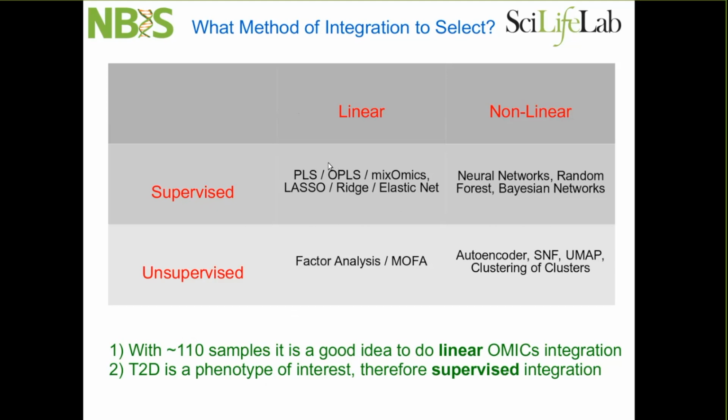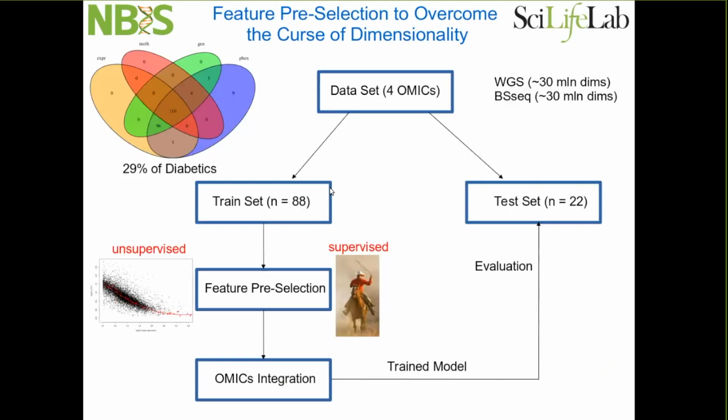But right now in this lecture, I will be mostly talking about these models, this type of analysis, linear and supervised, because to my experience at least, it's quite common. So again, I briefly jumped over this slide, so here I will again reiterate the protocol that I suggest.